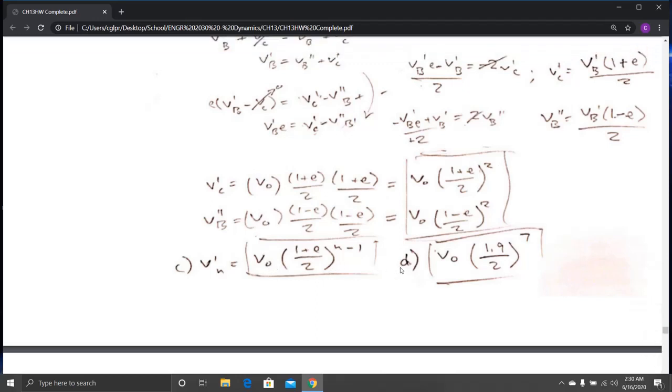For part D, I go ahead and just plug in e, which is 0.9, and N, which is 8. Not able to solve for it completely since I'm not given the initial velocity, which would have been the velocity of ball A.